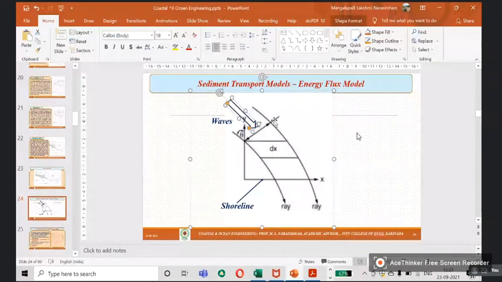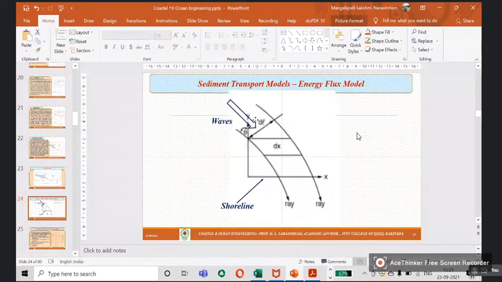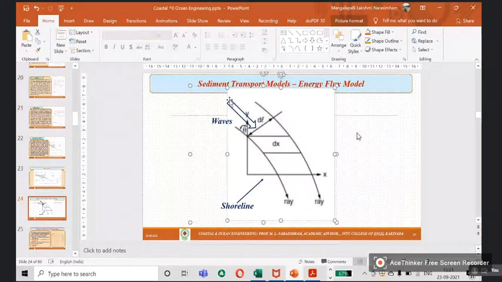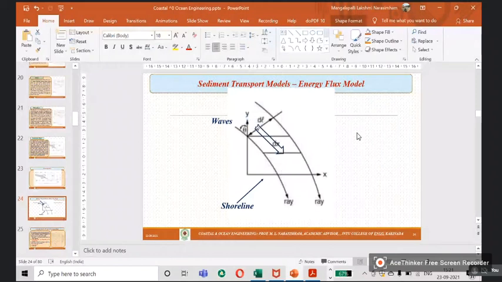And this is the wave crest. So that means the wave is proceeding like this, and it is hitting the shore in this way. So this is the direction of movement of the waves.